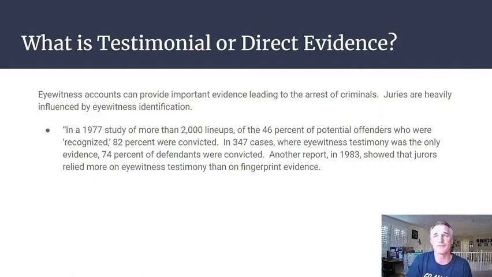So to a forensic scientist, it's amazing to me that somebody would take somebody's word of mouth over physical evidence that might be at the crime scene. That can be problematic if we have a false eyewitness or somebody that has a mistaken identity of a person they think committed a crime.